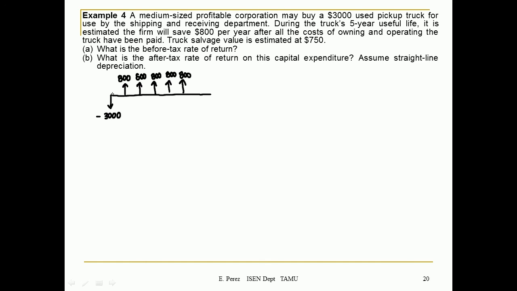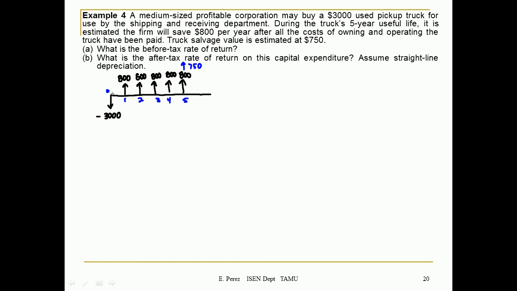And we also have a salvage value of $750. Okay, so that's how the cash flow diagram looks for this problem. And the question is asking for the before tax rate of return.